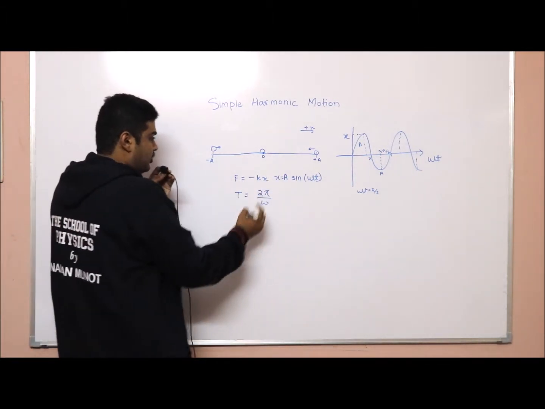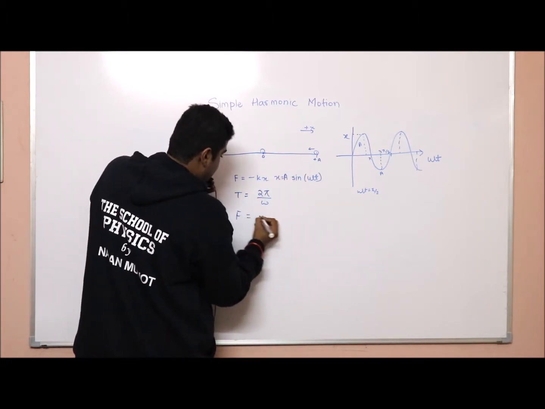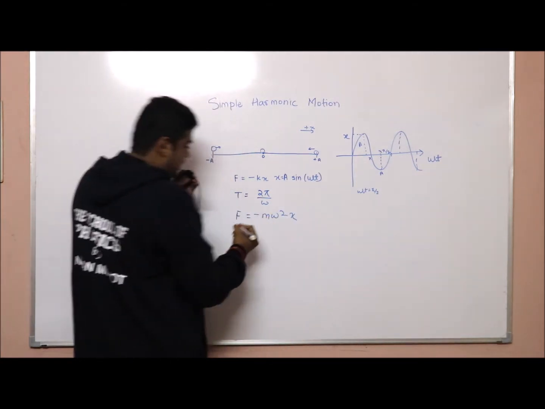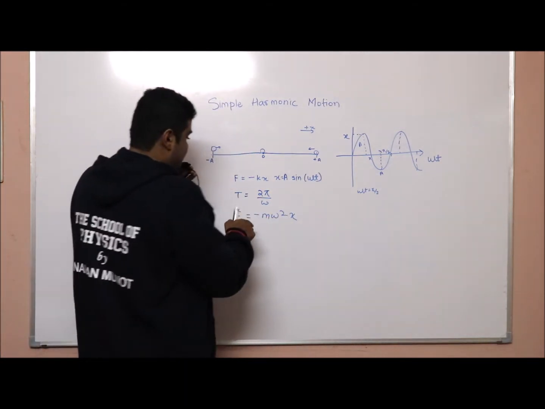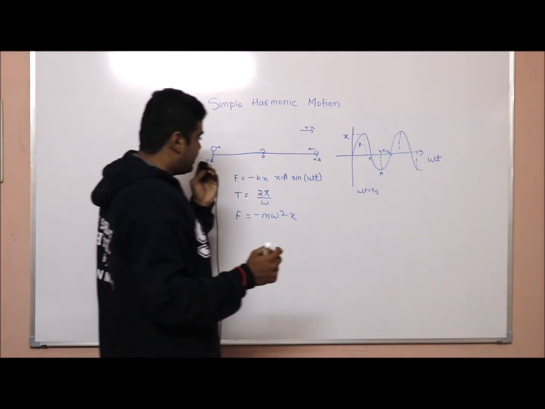This force can also be written in terms of omega as negative m omega square x, and we get a relation between omega and k. So what is this k? K is the constant for SHM.